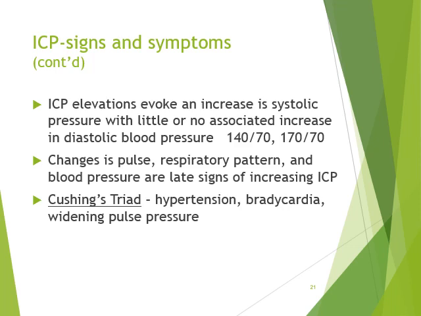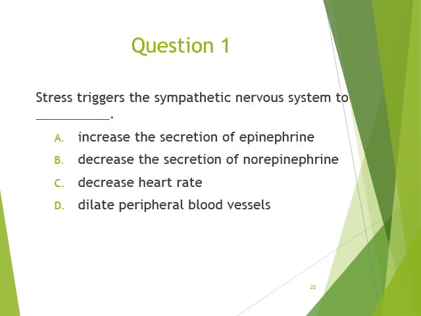And that's associated with increased intracranial pressure. So medical treatment, though, before we go to the question, medical treatment of increased intracranial pressure is vital for survival, so you need to let the doctor know if you notice anything.